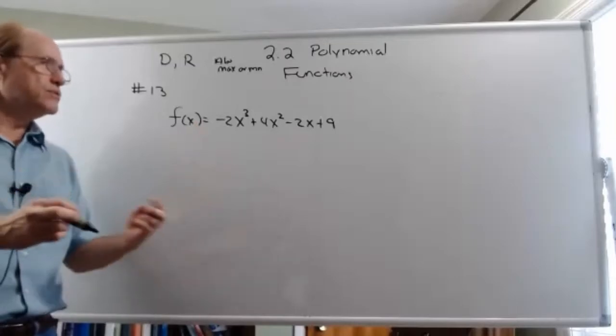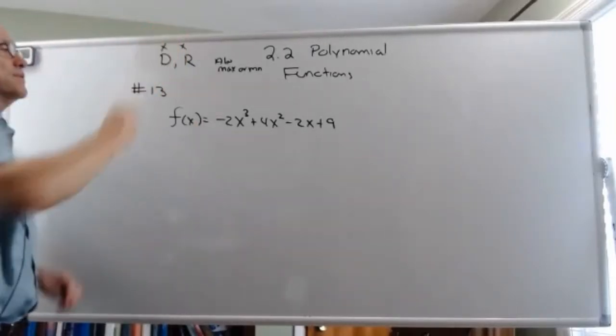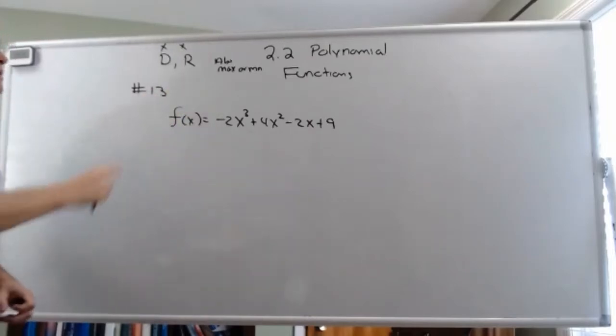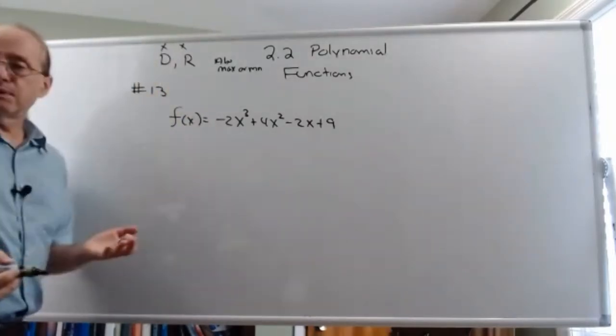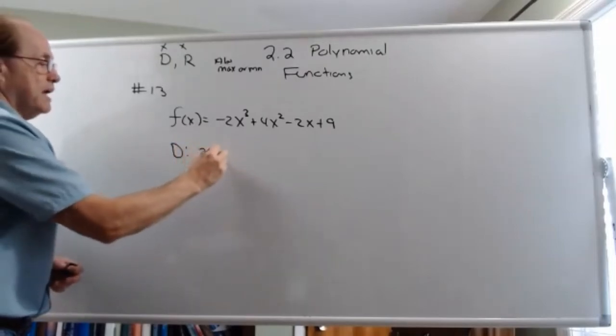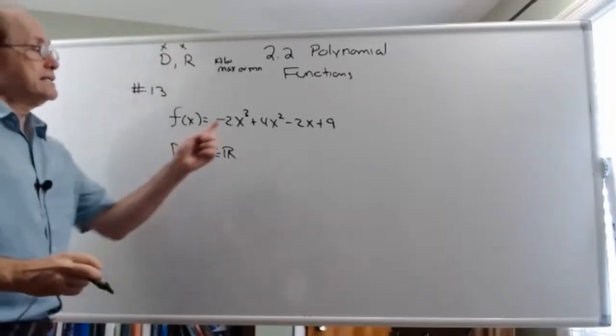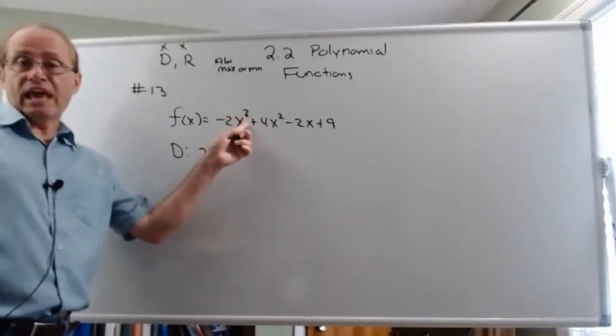When we get to chapter 11, we're going to be looking for local maximums and zeros. Right now, our focus is mainly on domain and range. Okay, first step, domain. It's a polynomial, so the domain here is all real numbers. So x can be any real number. Very simple. This is an odd degree polynomial. We just had that theorem.